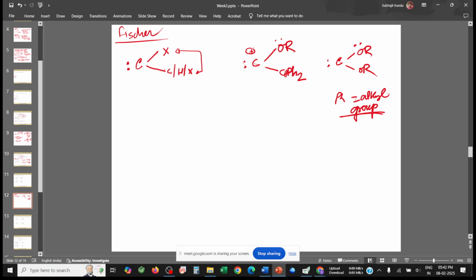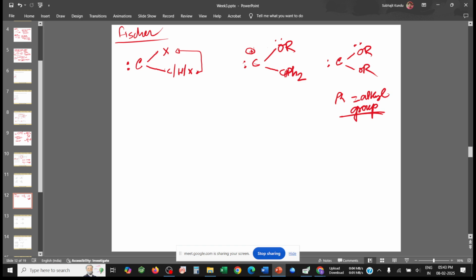So Fischer types of carbene is an electrophilic carbene in nature because the electron donating power is very less.